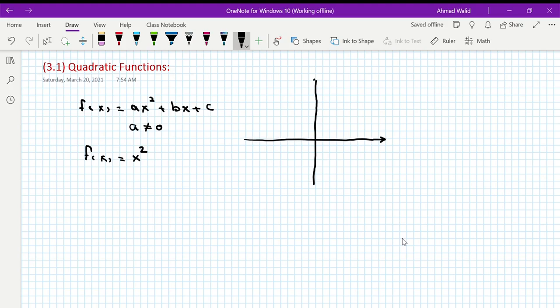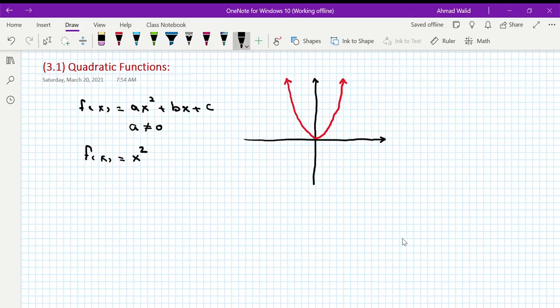The graph of a quadratic function is usually a parabola. Parabola means almost a U shape, correct? The graph can open upward like this, or the graph can open downward, correct?